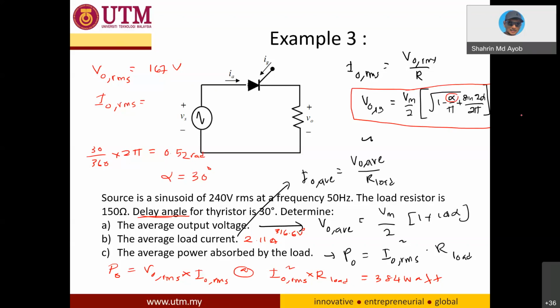So the whole part, you should get 167 volt. And from there, use this equation to calculate the I out RMS. Over 150, so you should get 1.115 amperes.